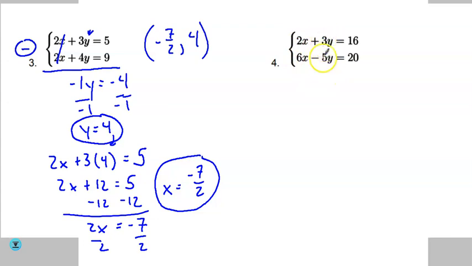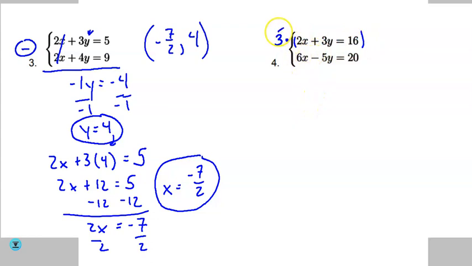Now here you have a 3 and a 5. Well, it's not easy to multiply the 3 to make a 5 or to multiply the 5 to make a 3. So, and we'll talk about more, 15 would be the number you would make there. But since this one's easy, I'm just going to multiply everything in this equation, everything, the 2, the 3, and the 16, by 3.